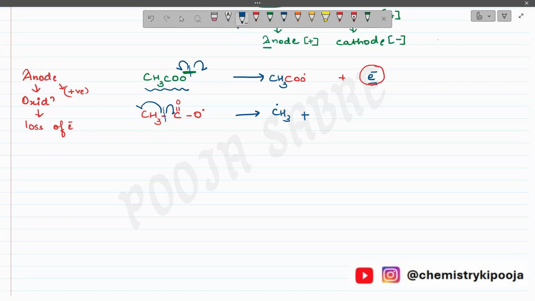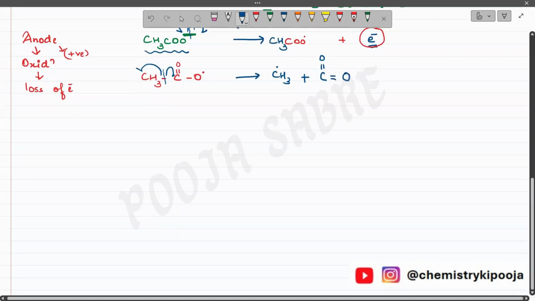Carbon will take up one electron, and since oxygen has one electron, that is a free radical, there will be the formation of a double bond, right? There will be C double bond O, because already one bond was present and the new additional bond is because of the free radicals. And then this is already present. This is the second step.